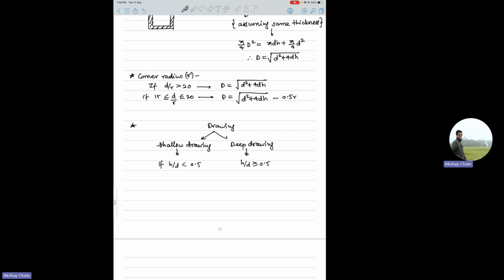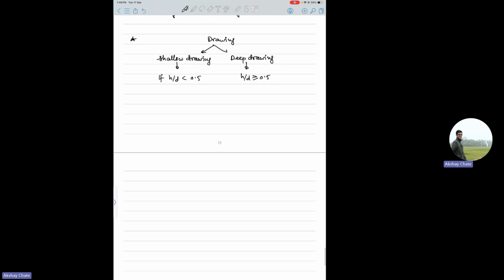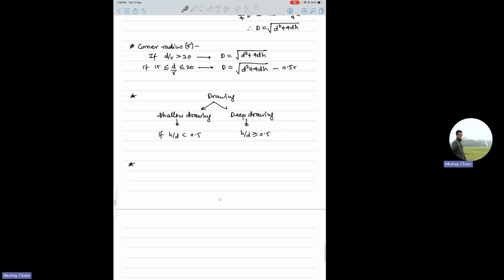Yeah, sometimes they ask these compression and tension kind of questions. So let's say you have flanges like this, and you have this cup at the bottom, so inside it will be hollow.